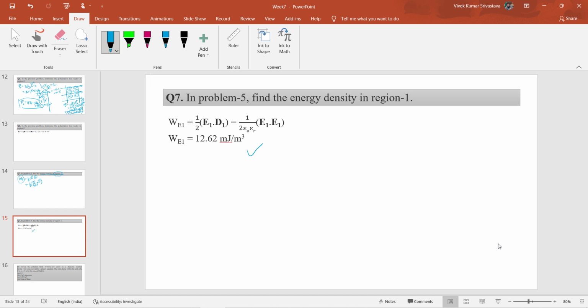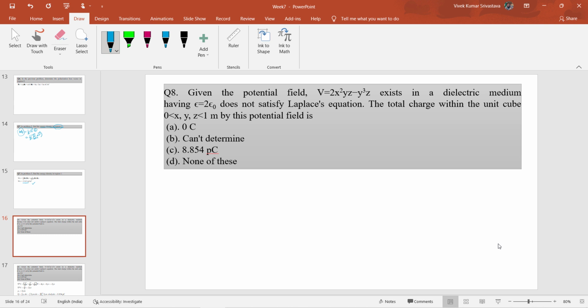So the value of energy density after calculating becomes 12.62 millijoule per meter cube. I hope you found out the steps of how to solve such kind of problem. This will be clear to you after this problem. So let us move to the next problem.